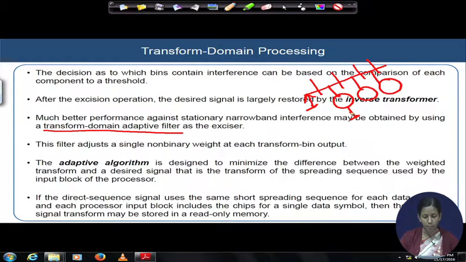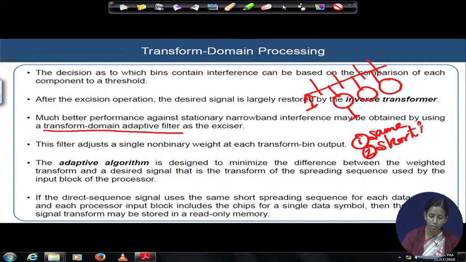And remember, it can be done very fast and easily if the spreading sequence used to spread each and every transmitted symbol is the same, and you are using a short length sequence.